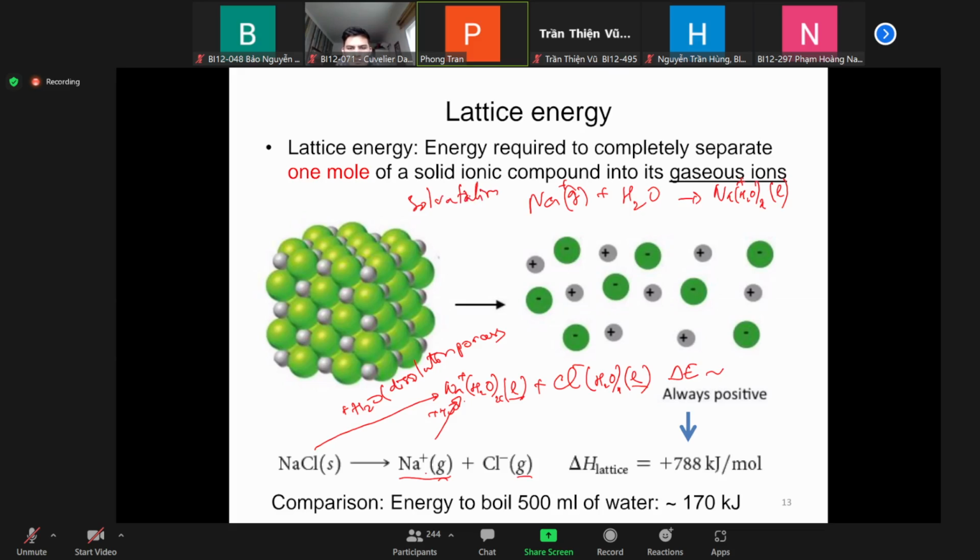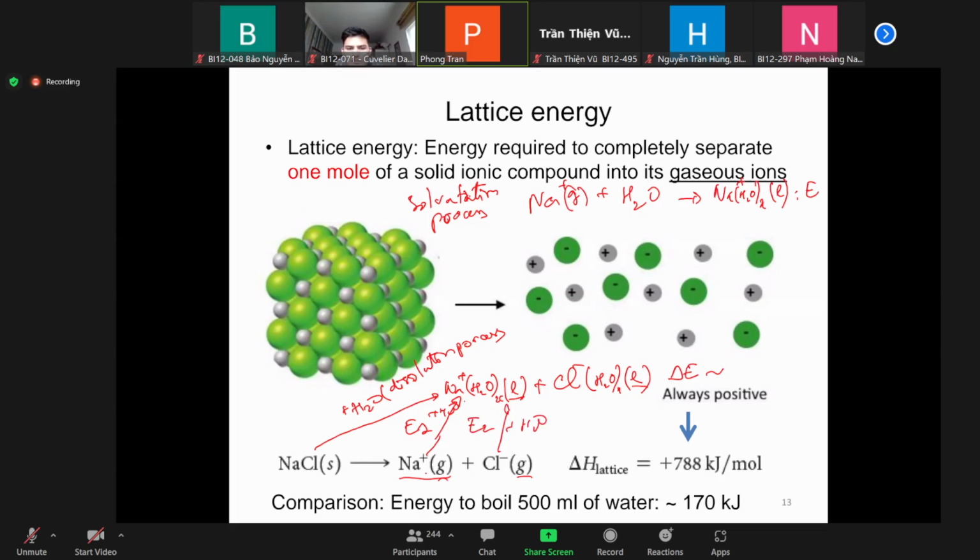Solvation process. And this represents energy that we release. So here we have E1, and for the second ion, also with water, you have E2.